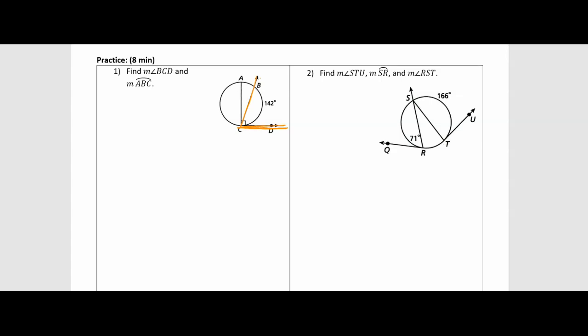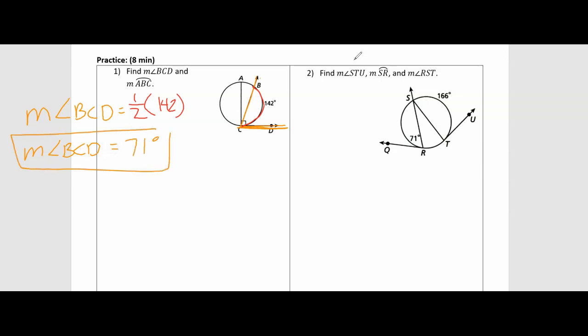And we know that's going to be half the measure of the intercepted arc, which is 142 degrees. So the measurement of angle BCD is equal to 1/2 the measurement of arc BC, which is 142. Measurement of angle BCD ends up being 71 degrees.